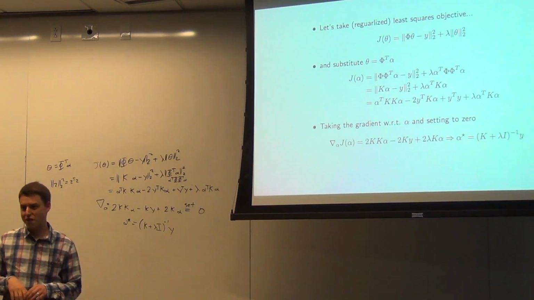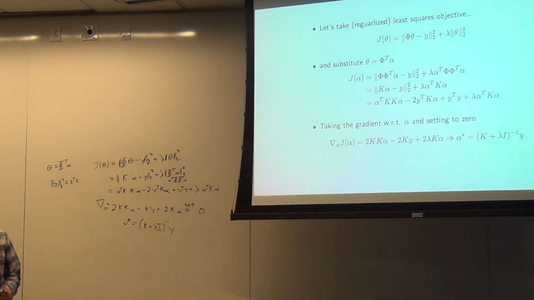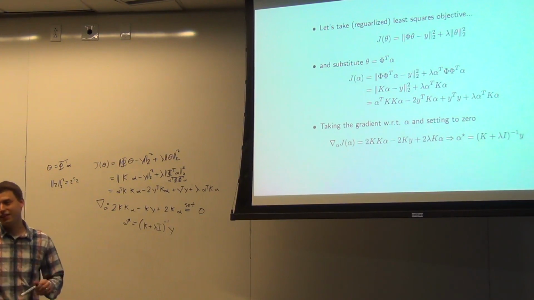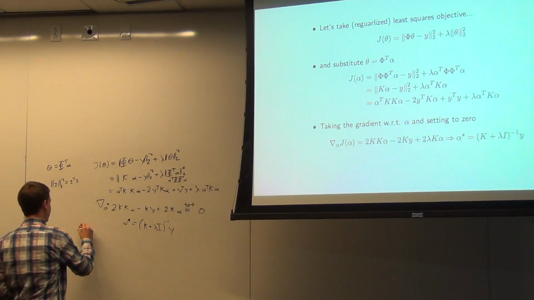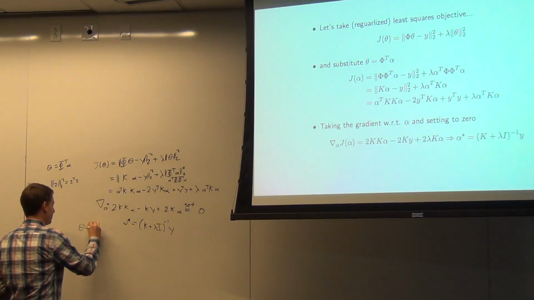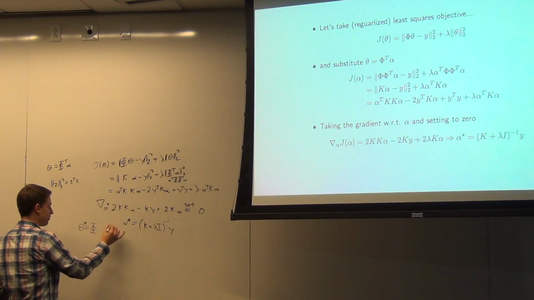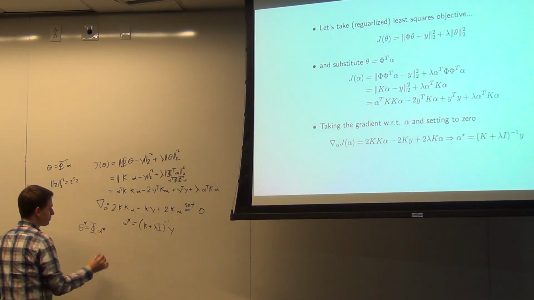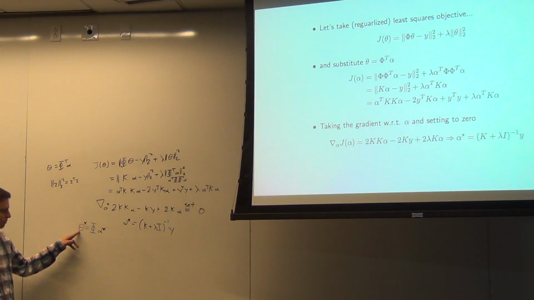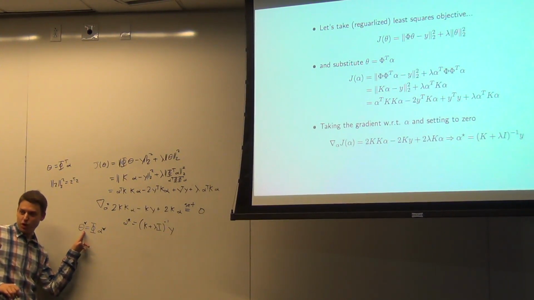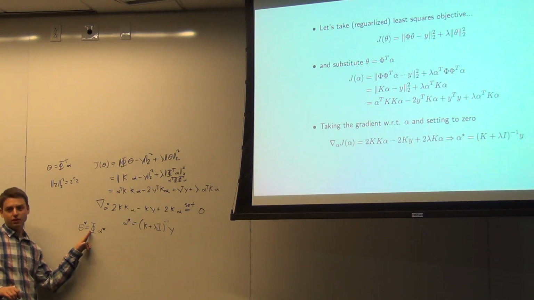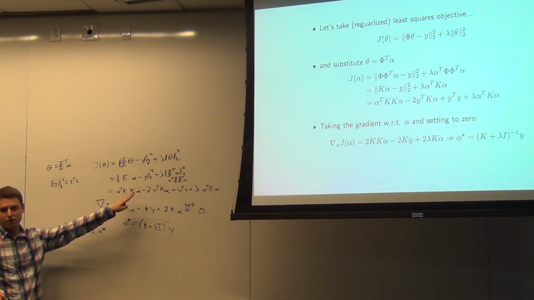I'm doing that very fast, so we'll probably go through it again. But the point here, remember, is that the optimal theta equals phi transpose times alpha star. So we've effectively computed the optimal solution to this problem without ever actually forming any big matrix.